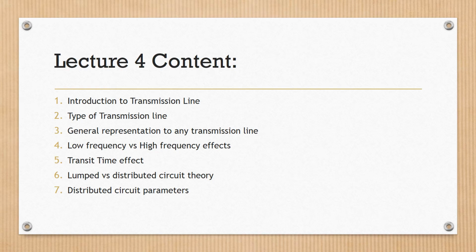So we're going to start our topic with the introduction to the transmission line. Then we're going to see the different sorts of transmission lines that are available or actually used by RF engineers. Then we're going to see the general representation of any sort of transmission line which we are going to use for our mathematical analysis.